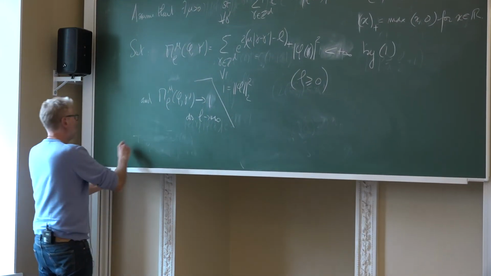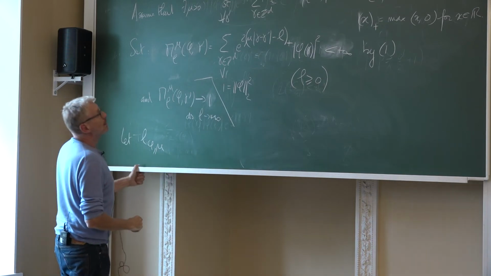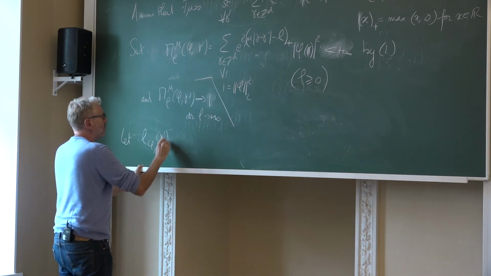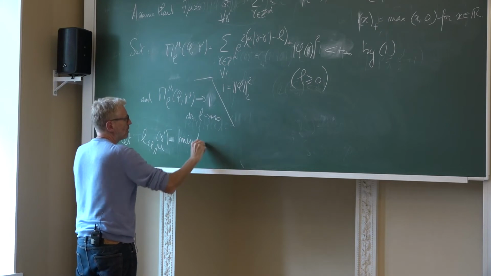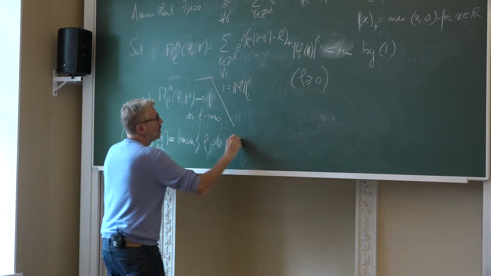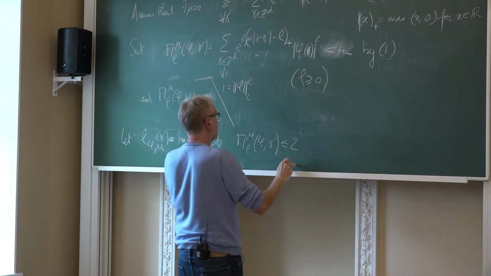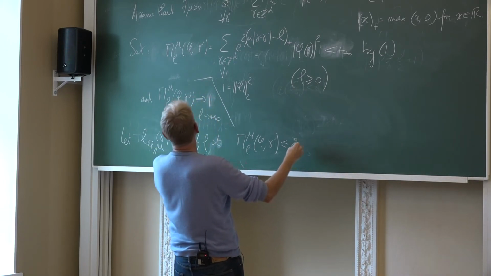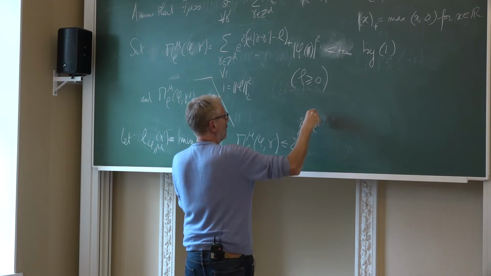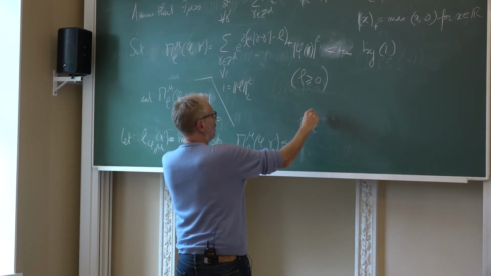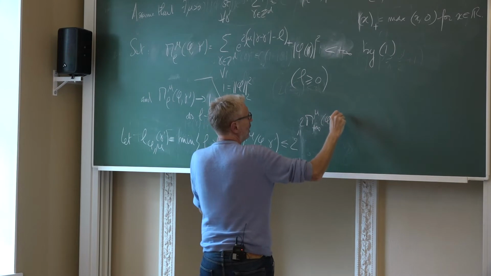So let L, which depends on phi, mu and gamma prime, be the smallest L such that M of L, mu, phi and gamma prime is less than 2, which is 2 times M of L equal to plus infinity of phi and gamma prime.